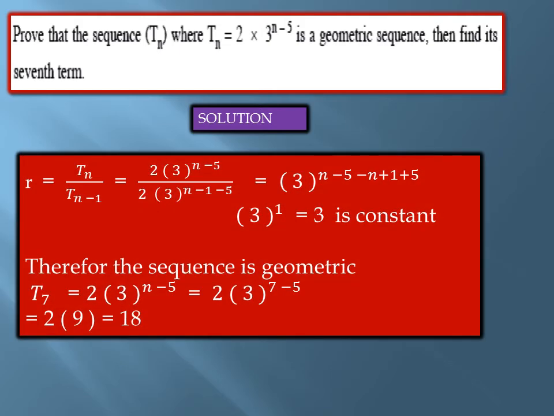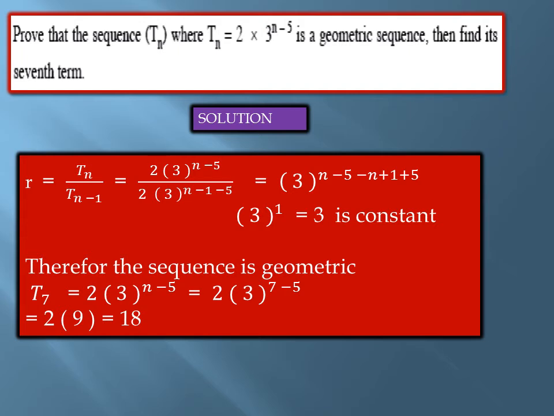We can substitute: the numerator has the power n minus 5, but the denominator has the power n minus 1 minus 5. Substitute n by n minus 1. Cancel 2 with 2, and we have 3 to the power n minus 5 over 3 to the power n minus 1 minus 5. The common base is 3, so we can subtract the powers.